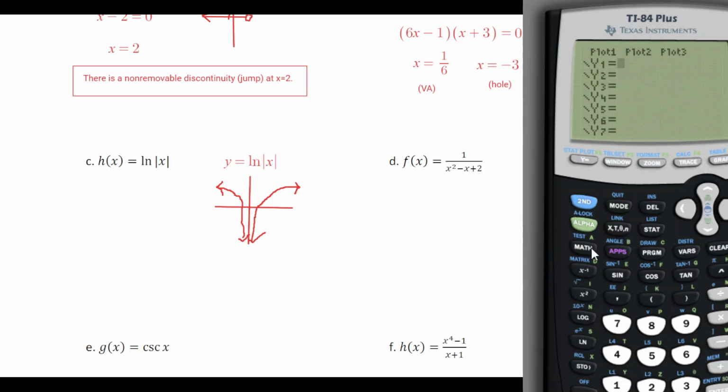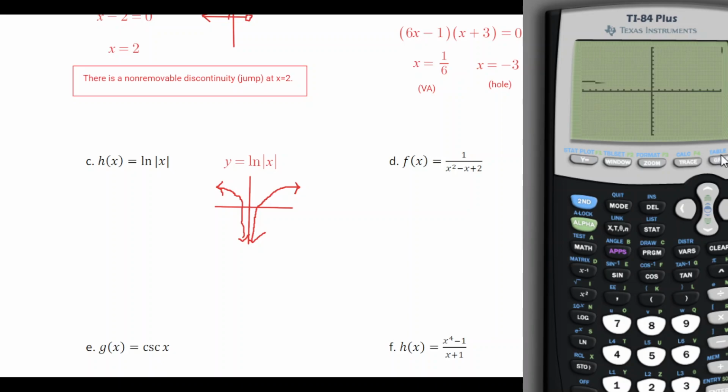There are a couple of different ways you can get to the absolute value, but I like to hit math, and then scroll over to num, and there should be this first option, absolute value. So you just hit enter. I didn't put natural log, so let's do that first. Natural log of the absolute value of x. So that's how you would type it in the calculator.